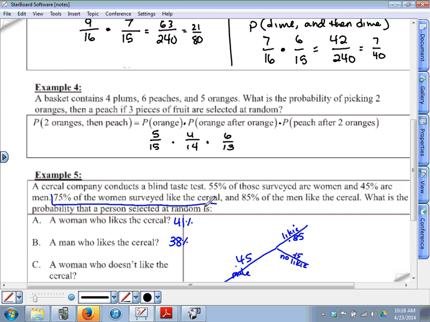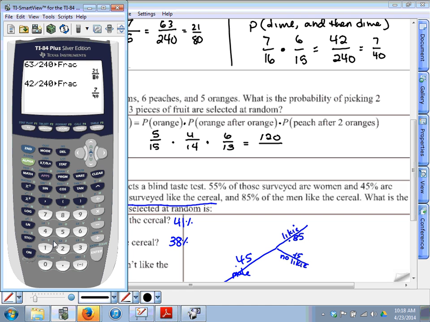These numbers are getting big. 5 times 4 is 20. 20 times 6 is 120. And then 15 times 14 times 13. That's a calculator problem right there.